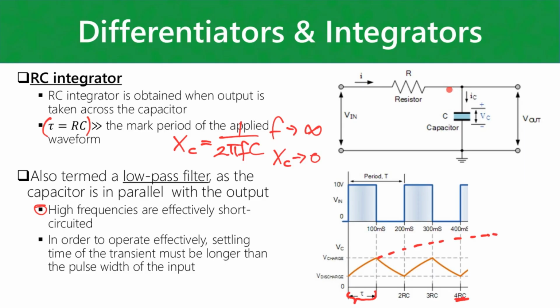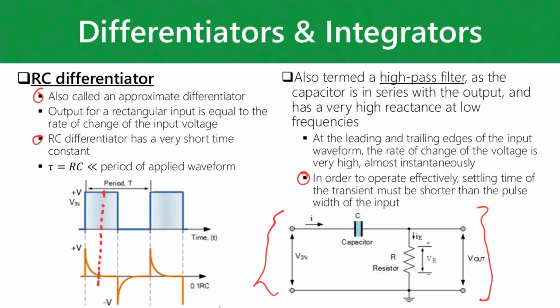So it will essentially become a short circuit if you have high frequencies applied to the input, which gives you 0 output voltage. At low frequencies, you'll have a bigger output voltage.